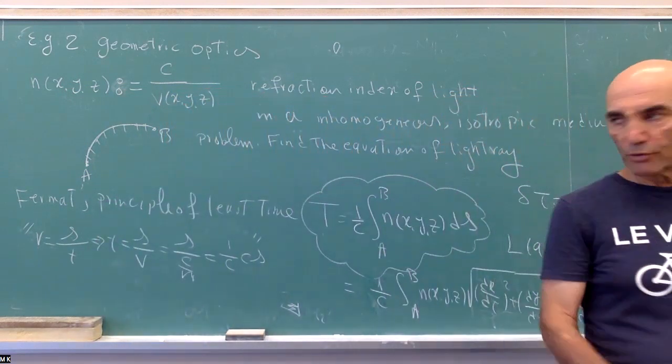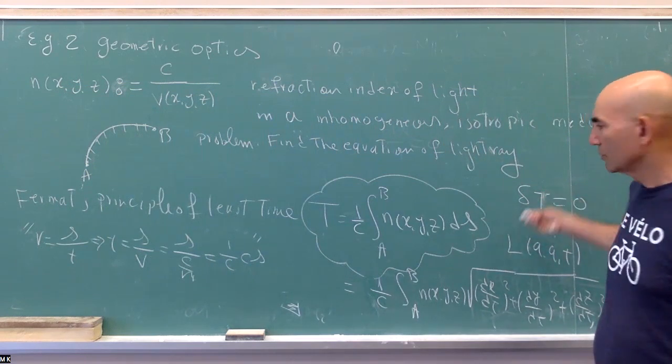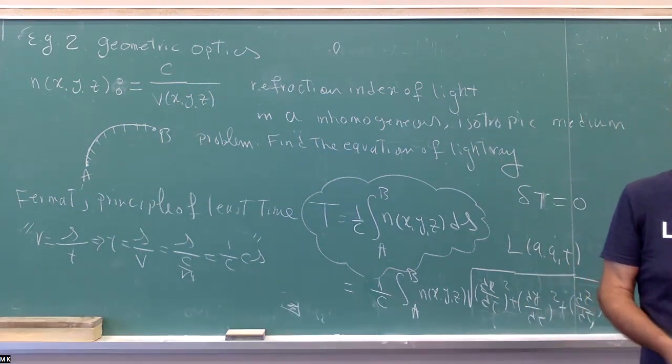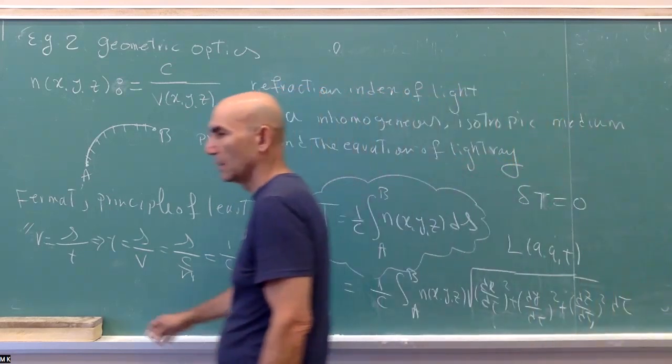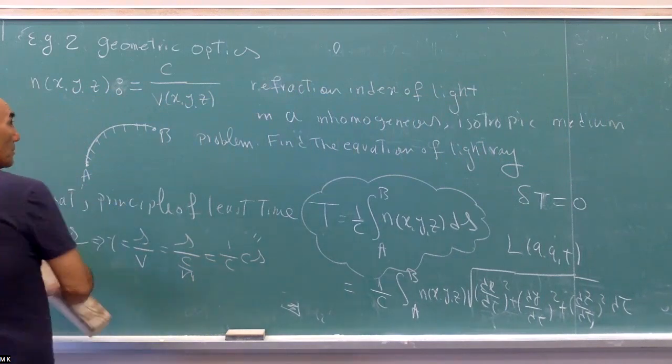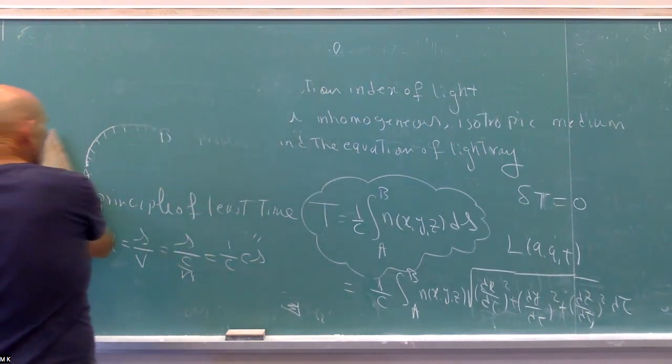So now, of course, solving the equation delta t equal to 0 might be hard, but at least there is one case that it can be solved, and the solution is well known. So let me give you, just to finish this example.